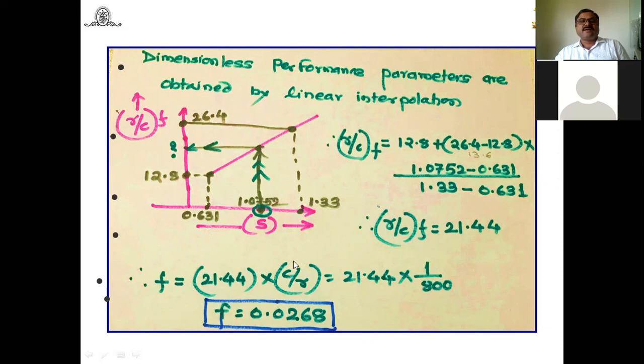You can substitute here. Already given in the problem is this ratio. And multiplying here, you will get F, that is the coefficient of friction, 0.0268. In this way, by using linear interpolation, we can find out the coefficient of friction or this parameter.